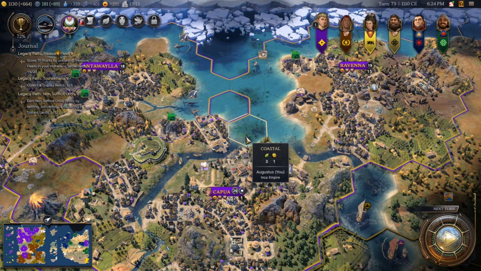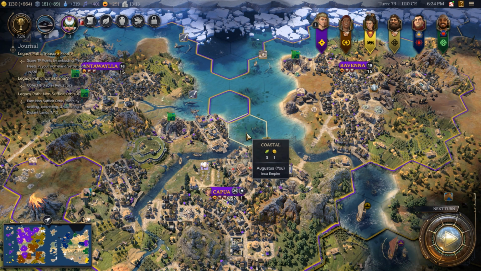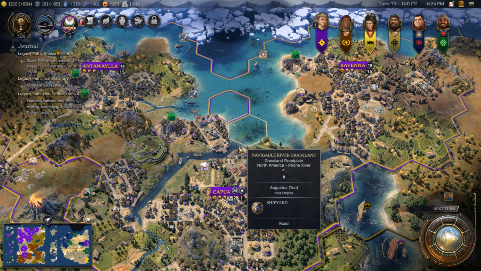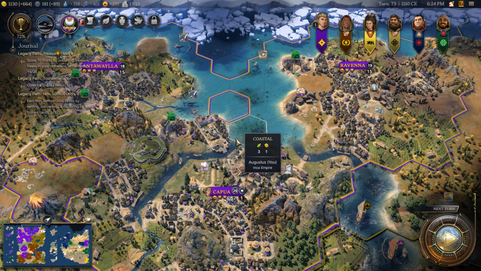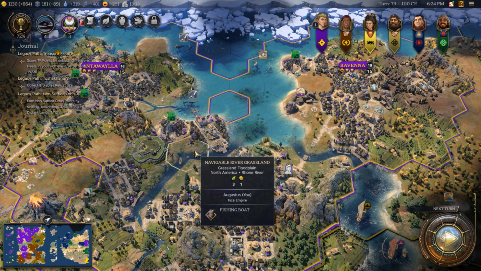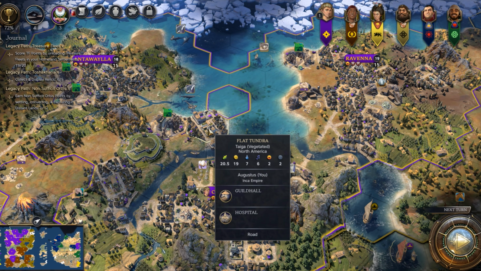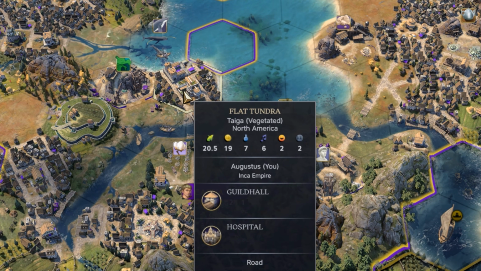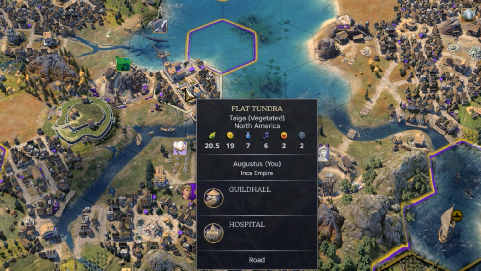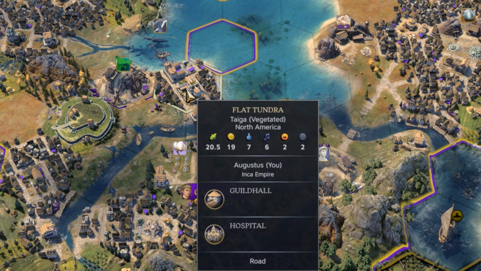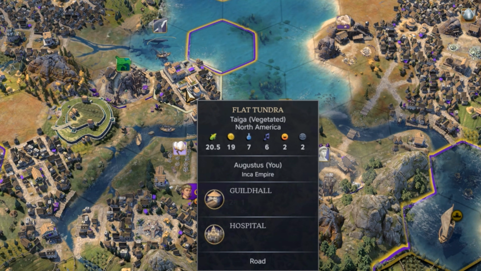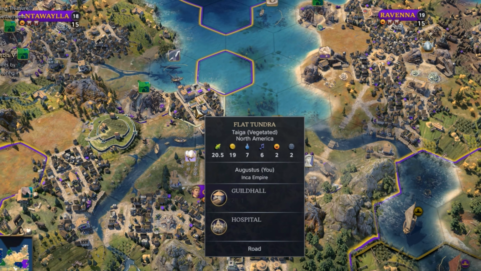So, as you remember, category 1 is when you have adjacency bonuses from coastal tiles and navigable rivers. In here you can see that you have this beautiful almost complete circle for this tile. So this tile here, even if it's a tundra, doesn't really matter. It has such a high adjacency bonus that my hospital and guild hall, as you can see, have 20.5 food, 19 gold, and so many other bonuses.